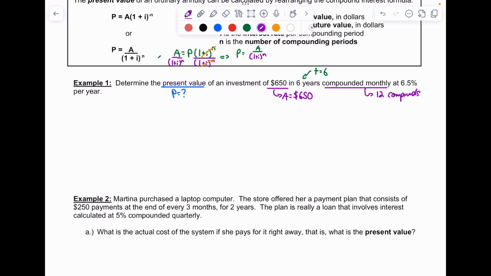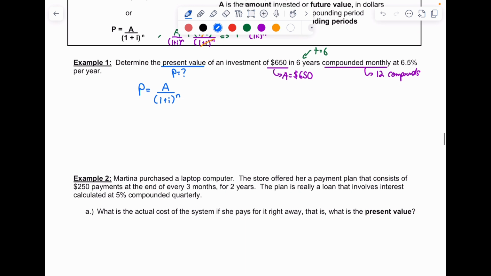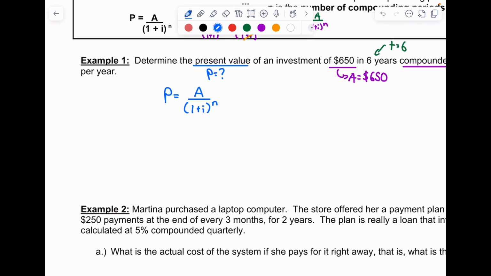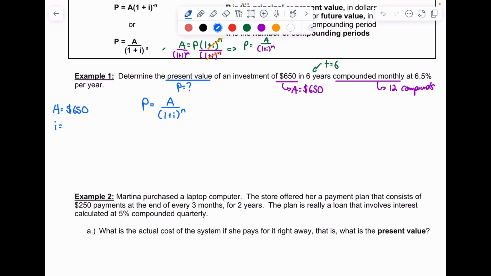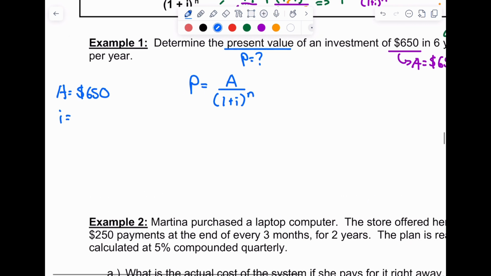We have P is equal to your future value divided by 1 plus i to the power of n. So we know A in our case was $650. Well, we need i now. We have i, which was 6.5%, so put that in a decimal.